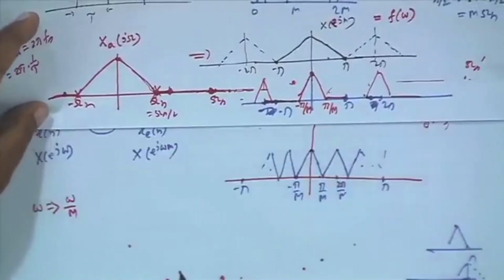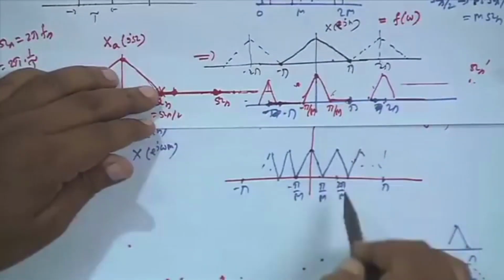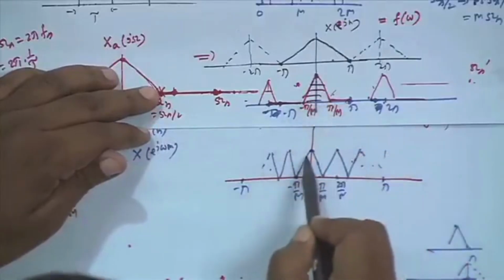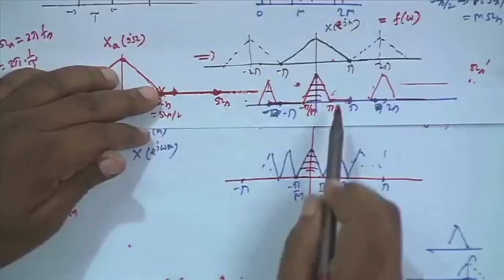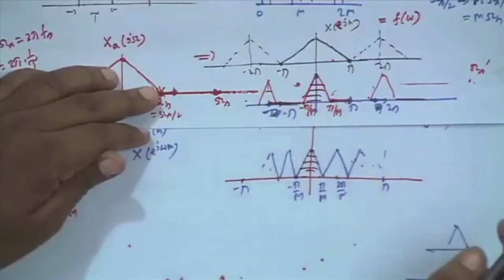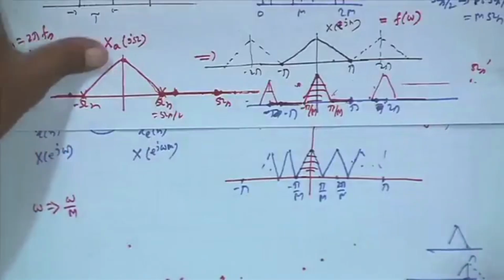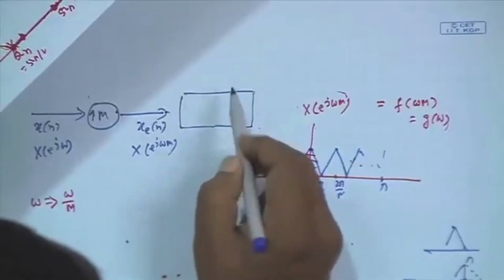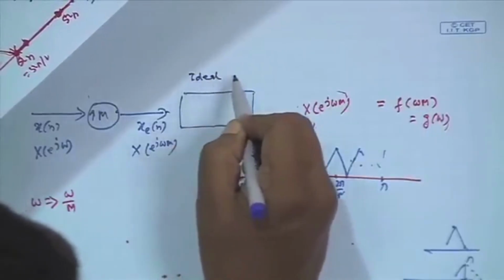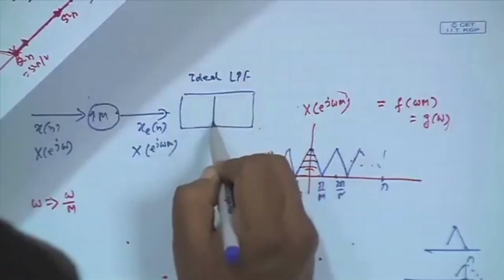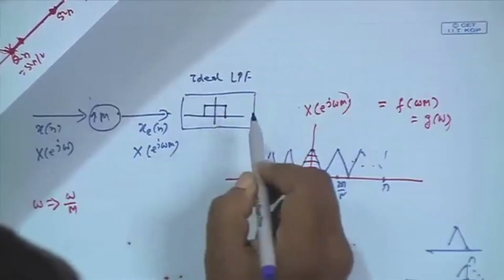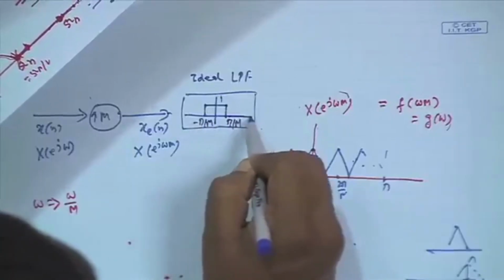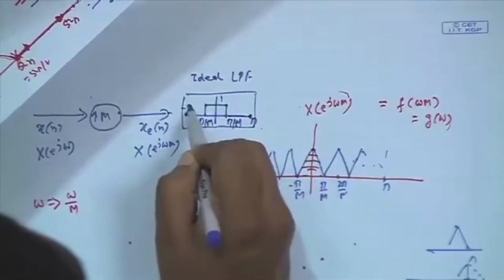Now, I have gone up to this. If you compare these two, you see this part from minus pi by M to pi by M is common, but the other part is 0 from minus pi to pi, which means if I now pass this sequence to an ideal low pass filter, an ideal LPF, of this kind, pi by M, minus pi by M, and then 0 up to pi, 0 up to minus pi.